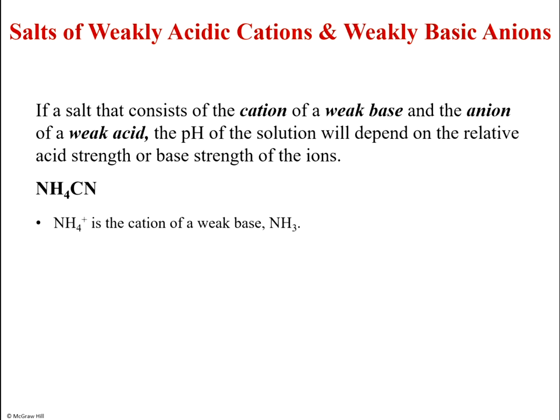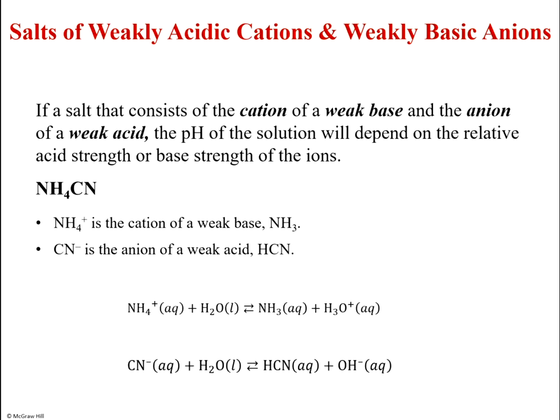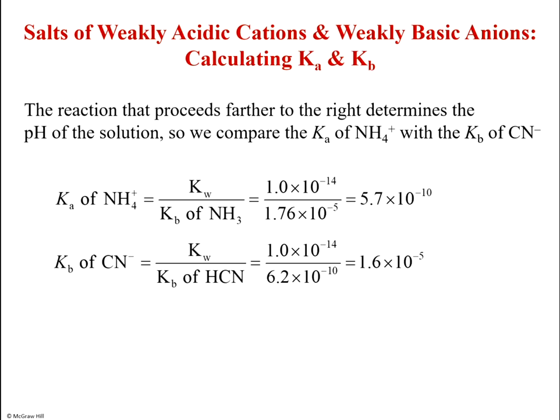Ammonium is the cation of the weak base ammonia. Cyanide is the anion of the weak acid hydrogen cyanide. So we can see here ammonia giving ammonium, cyanide giving hydrogen cyanide. The reaction that proceeds farther to the right tells us which one will dominate.